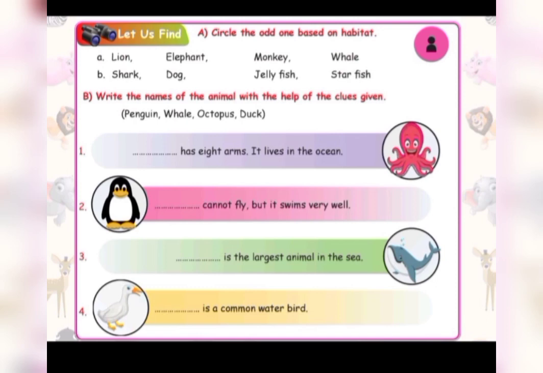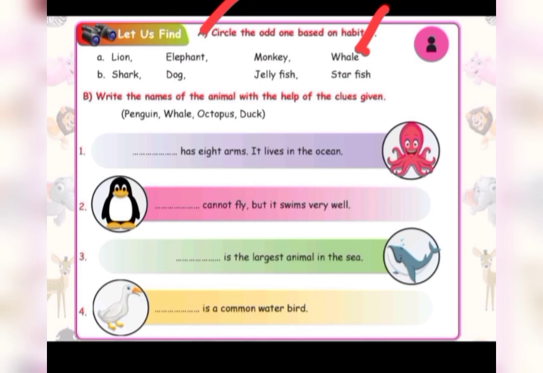First one, circle the odd one based on habitat. A, lion, elephant, monkey and whale. Now we have to find out which one is the odd one. Lion, elephant and monkey, these three animals can live on land except whale. Whale lives in water. So the answer is whale.